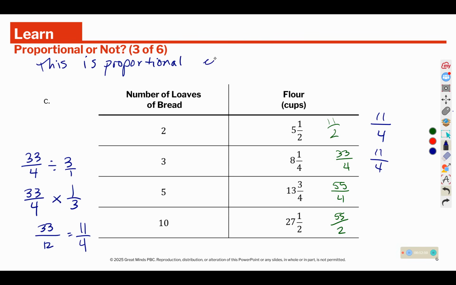Every 1 loaf of bread uses 11/4 cup of flour. This is our ratio statement, 1 loaf and 11/4 cups of flour.